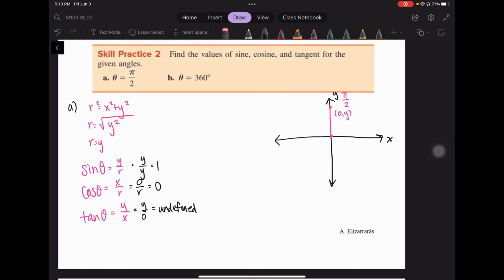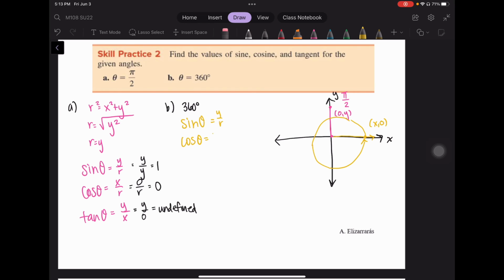For part B, we're dealing with degrees instead of radians. We have 360 degrees, which is a full rotation from the standard position. You start out and you go all the way around. And we're back here at some x value where y is 0. The sine of theta is going to be equal to y over r.